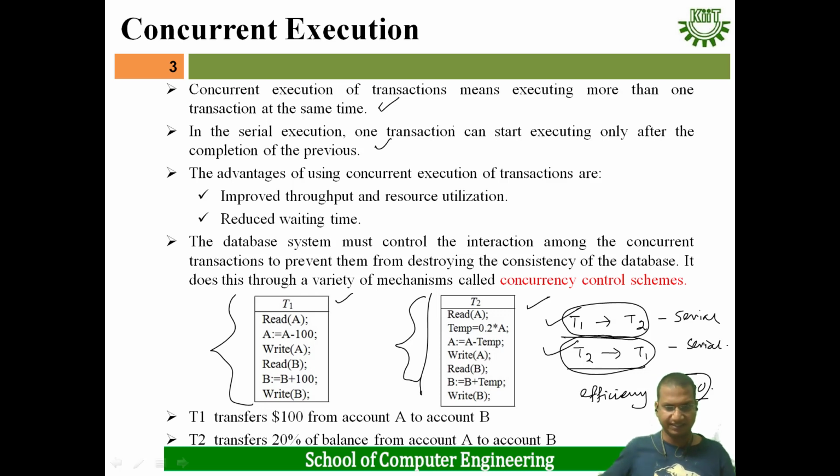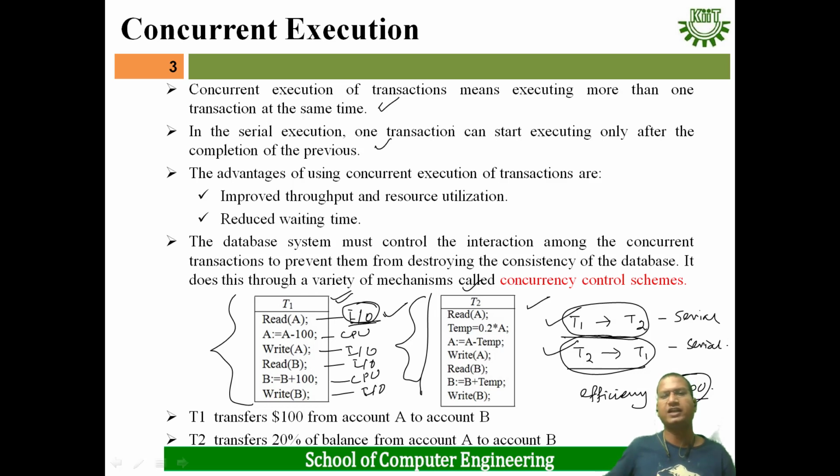A transaction T1 or T2, any transaction, generally consists of some IO operations and some CPU bound operations. Here read A is an IO operation, this is a CPU bound operation, this is an IO operation, this is an IO operation, this is a CPU bound operation, this is an IO operation. When a transaction is executed in serial manner, when one instruction is CPU bound, then IO bound, it will execute IO.